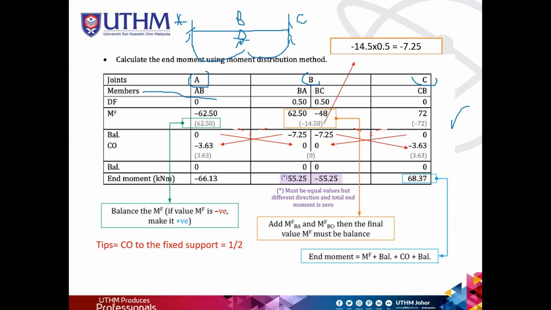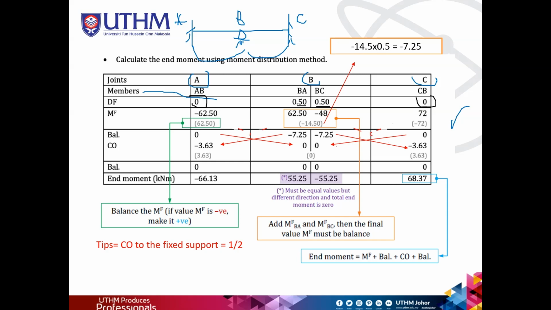DF, we already calculated in the previous one. So we have 0, because A and C are fixed, so DF is 0. And this one is 0. Then this one is 0.5, and this is 0.5, based on the previous slides.